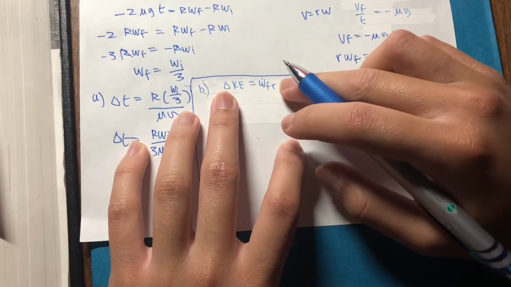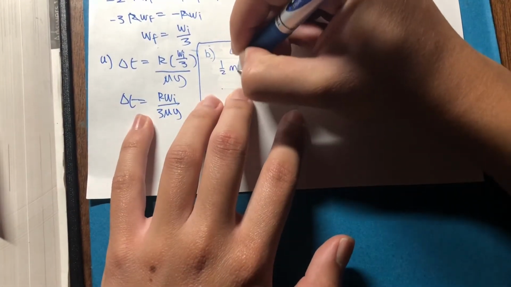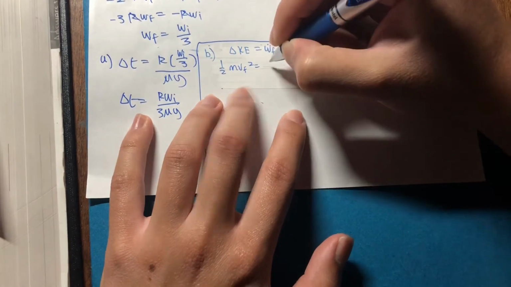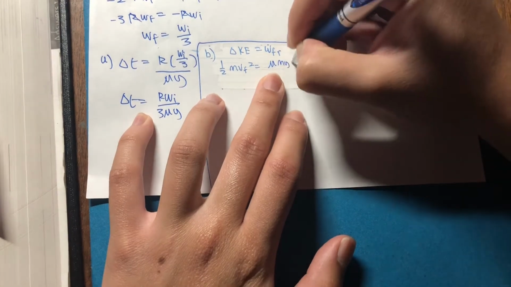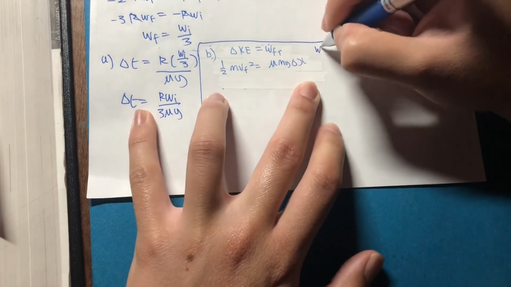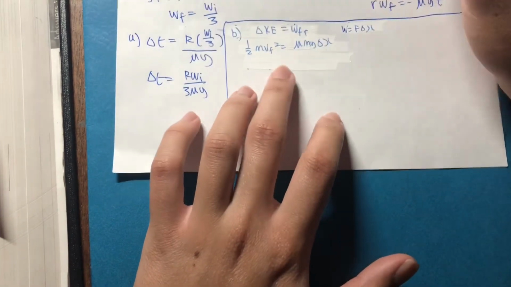So once you write this down, it basically solves itself. Half m v final squared equals the force due to friction, which is mu mg, times delta x, since work equals force times delta x. And now you're just solving for delta x.